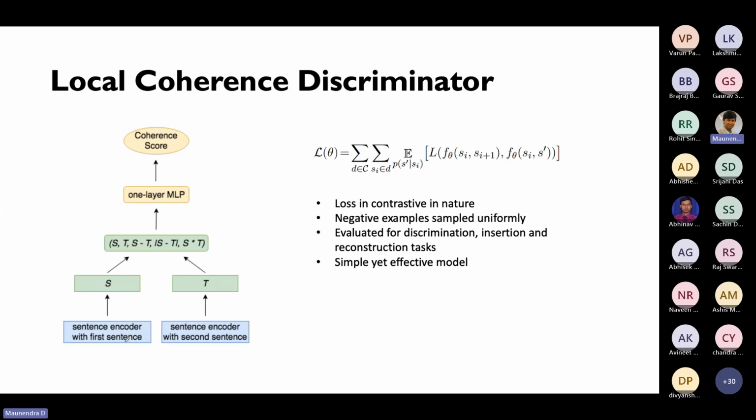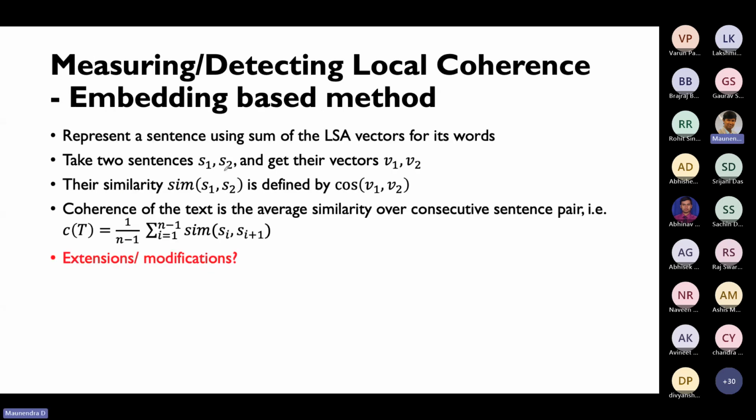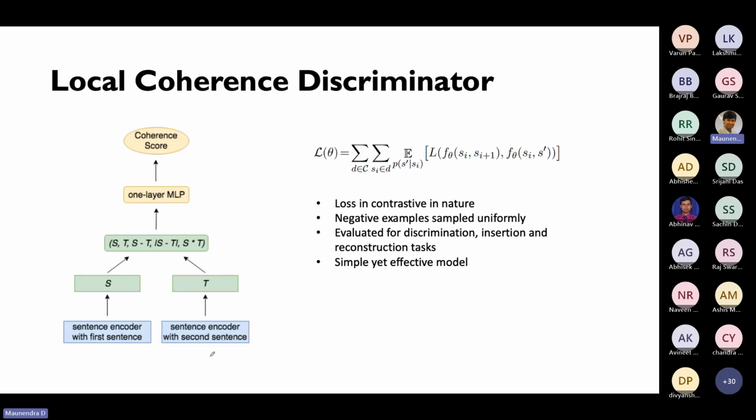So suppose we are talking about two sentences. Here we say S1, S2, two sentences. Here also we're talking about two sentences. There is a sentence encoder which accepts the first sentence, and the same sentence encoder accepts the second sentence too. Although it is being shown as two different blocks, this is the same architecture or model.